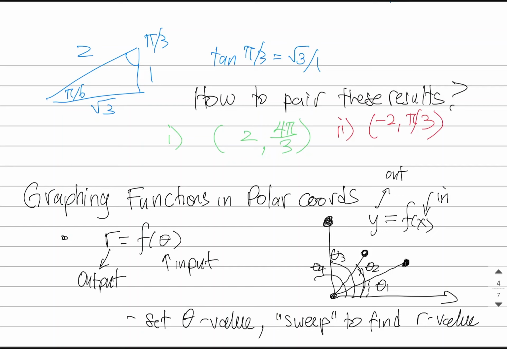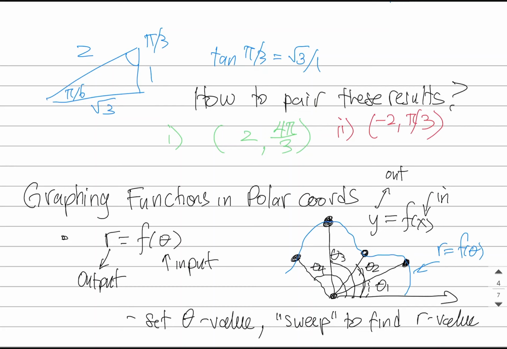So we have to think of spinning. And then we do that for uncountably many points, and we play connect the dots. The pictures that we get represent the picture of the function in polar coordinates.